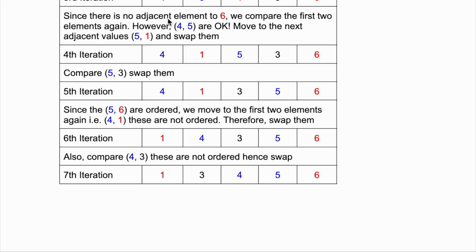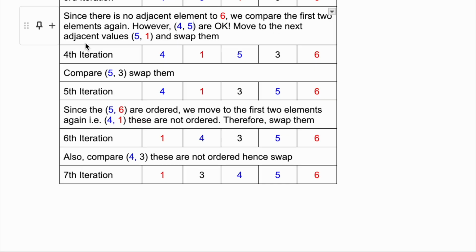Since there is no adjacent element after 6, this is the last element. We move to the first, that is, we compare the first two elements again. So which are the first two elements? 4 and 5. However, they are both okay.